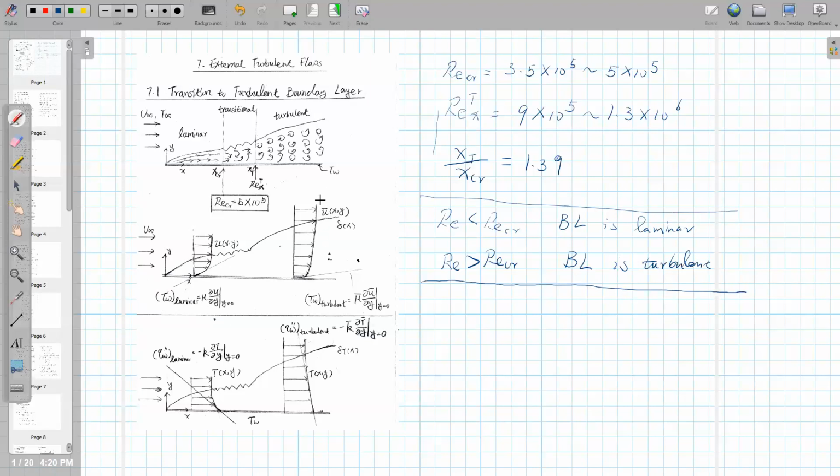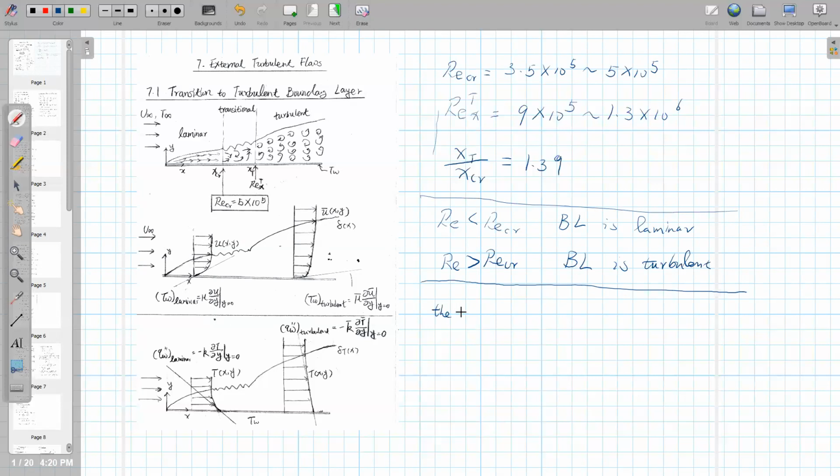Okay, and in the turbulent boundary layer, the velocity profile actually looks a little bit different than the velocity profile in the laminar boundary layer. Let me write it here.